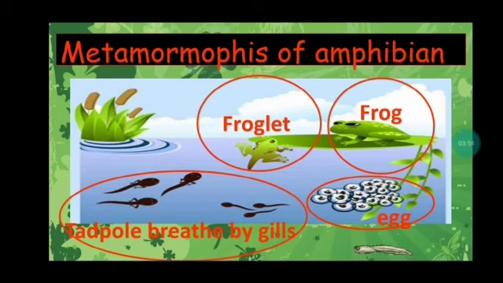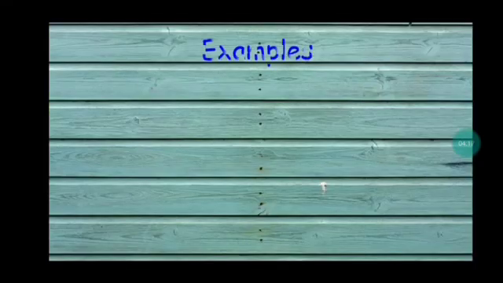When they are tadpole, they breathe by gills. Tapi ketika sudah adult, dewasa, froglet and frog, they breathe by using their lungs on land, di darat, and then they breathe by using their moist skin, di air. Jadi mereka memang benar-benar bisa hidup di dua tempat. They are capable of living in water and also on land.